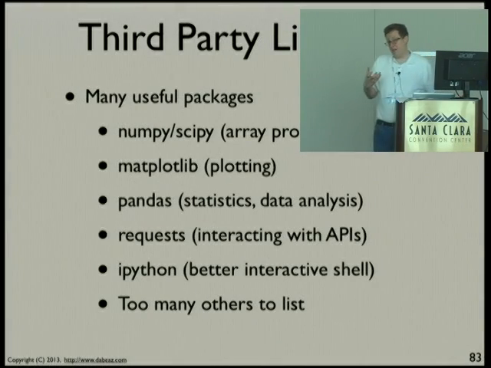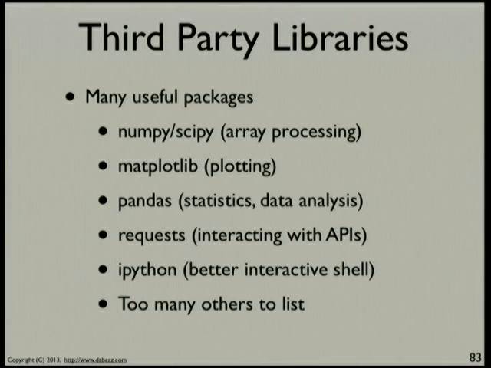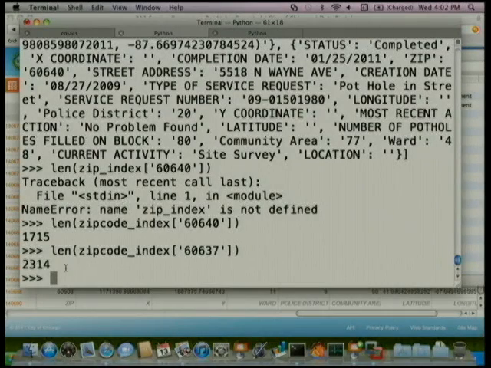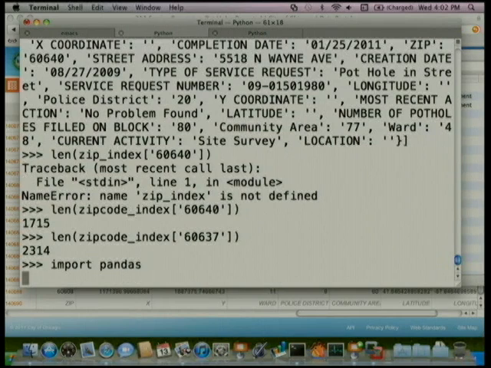If you want to take this more advanced, there are a lot of third-party libraries that take this even further, some of the scientific libraries like NumPy, Matplotlib, Pandas, and so forth. Just as a quick demo, for doing a lot of this data analysis, you should definitely look at the Pandas library.